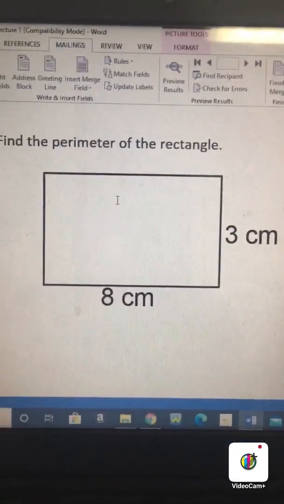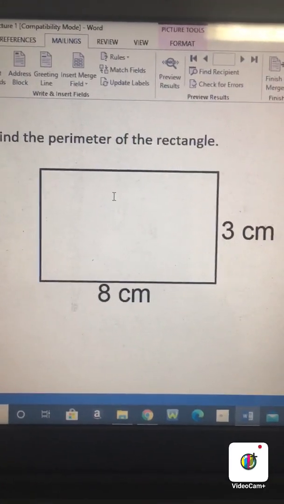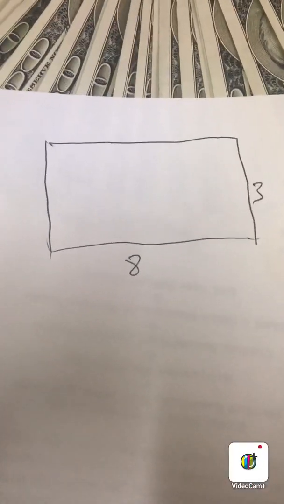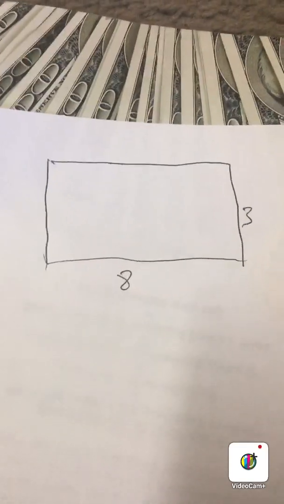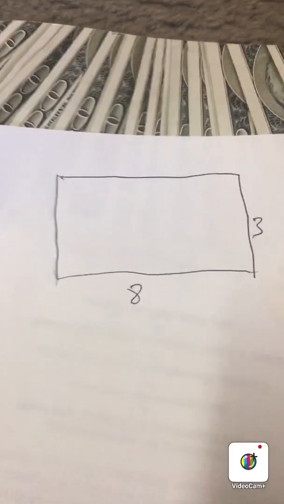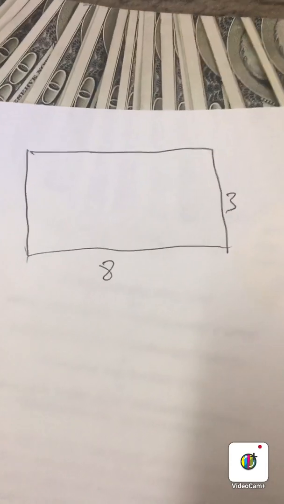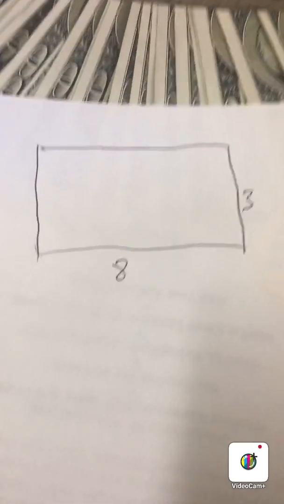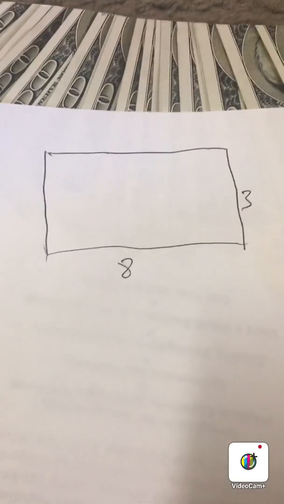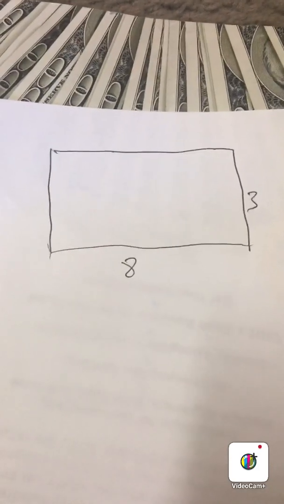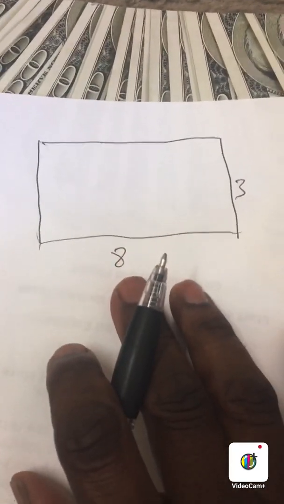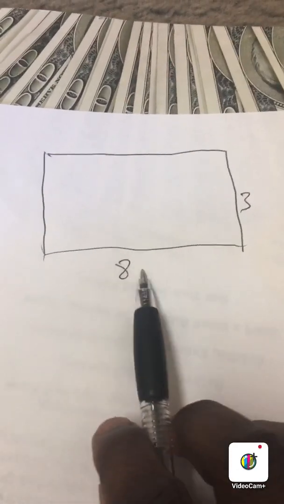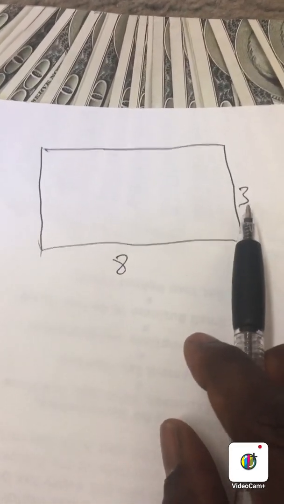So guys, once again, like I said, students understand it more when they see you actually do the work for them, so they can watch you do it. Now look at this one. So it says to find the perimeter of this rectangle. This is the length, 8 cm. This is the width, 3 cm.